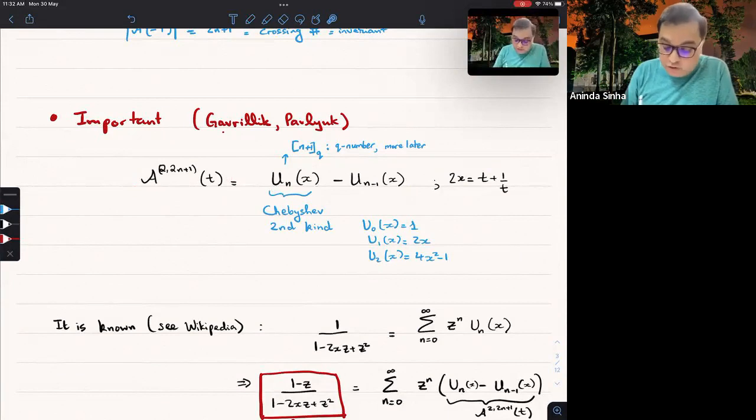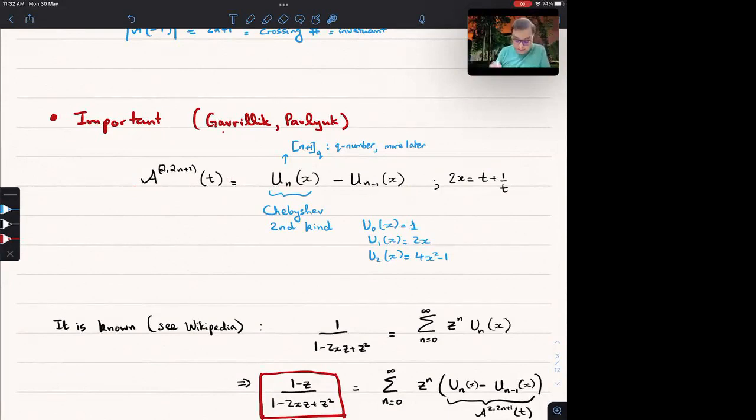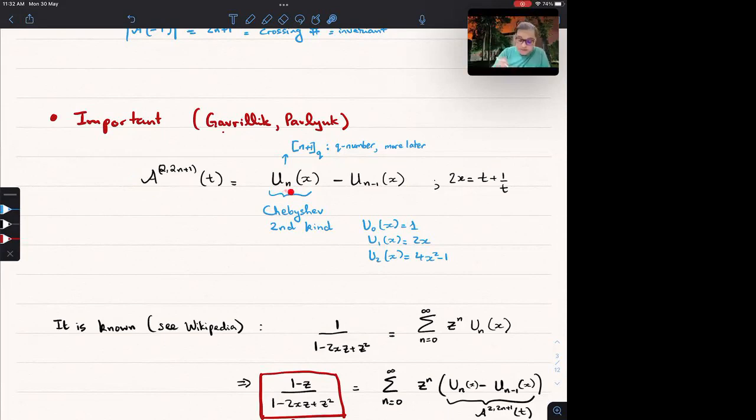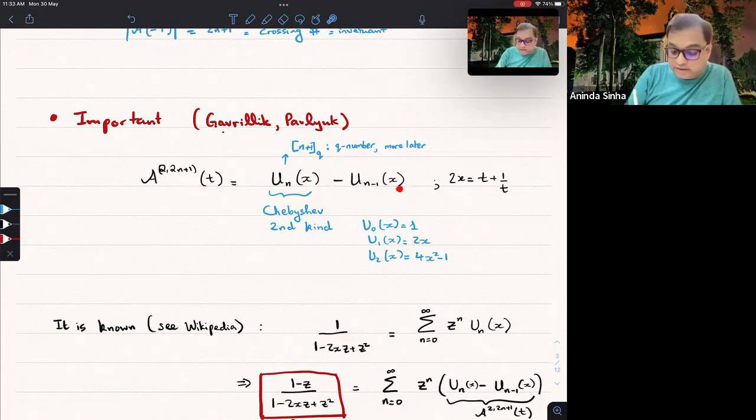These are Chebyshev polynomials of the second kind. I'm throwing a bit of mathematics at you, and it might not be clear why I need this, but just remember that there's a connection with Chebyshev polynomials. The Alexander polynomial is related to the difference of two successive Chebyshev polynomials.